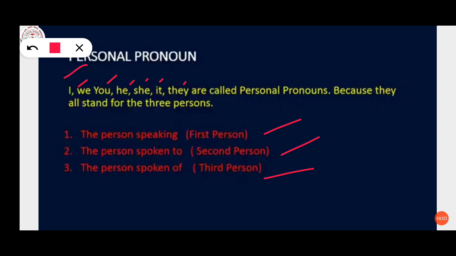It means the person we are talking about will be the third one. So they all stand for the 3 persons: I, we, you, he, she, it, they. They are called personal pronouns, and all stand for the 3 persons, first, second, and third, the third one meaning the one about whom we are talking.